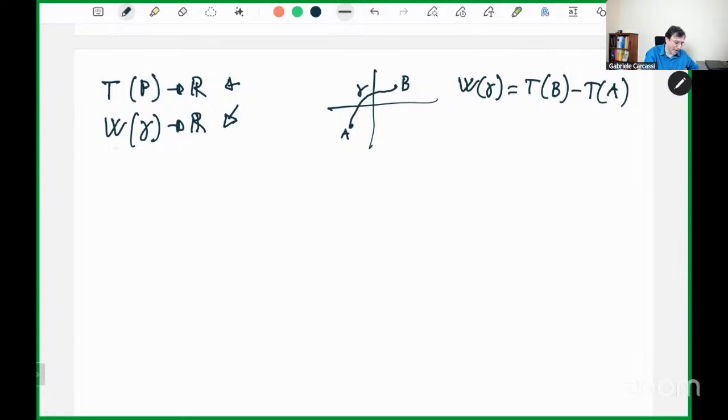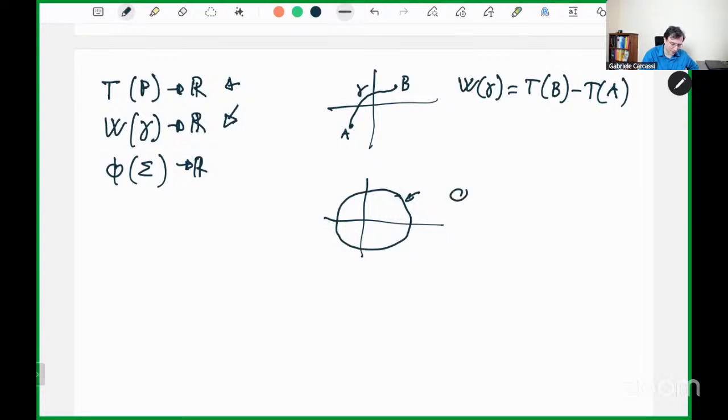Now, I can always imagine that I also have a function of my surface sigma. Well, now what happens is that if I'm given a function on a line and I have a surface, the contour of the surface is a line.